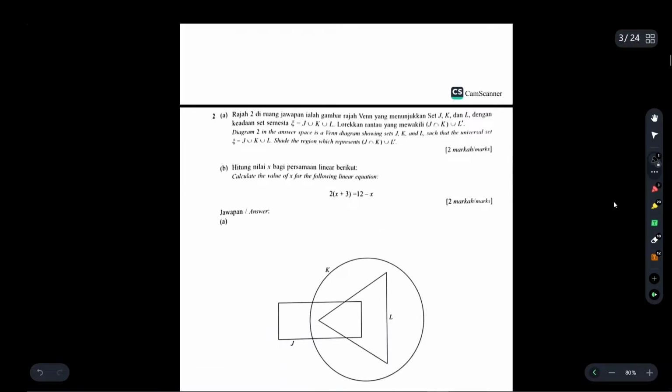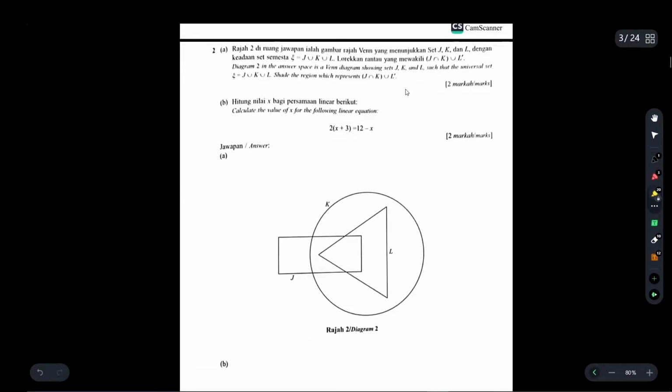So, hop on to the next question. It shows that this diagram is shapes combined together, and we're going to shade this up. Right now I'm going to be teaching you guys my technique to answer this kind of shading questions.